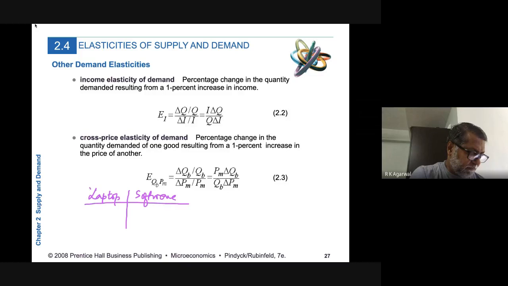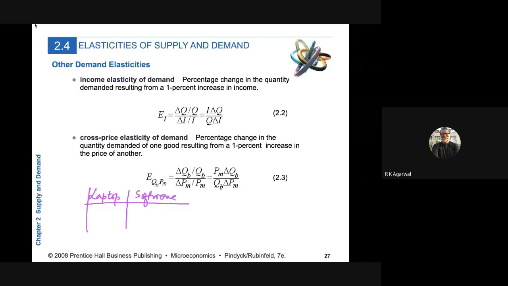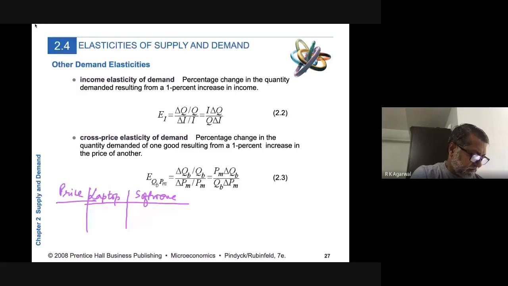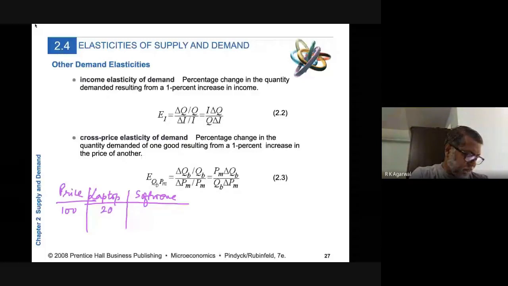This is price. So price say 100 rupees, demand for laptop is 20. Price of the laptop remains the same, but the demand for laptop goes up to 30 from 20.